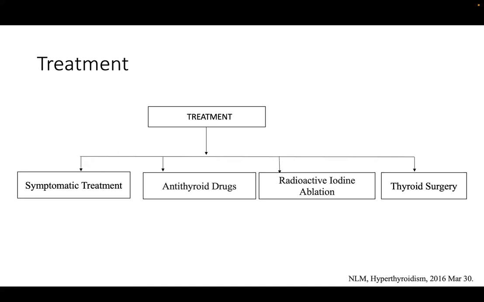Did you understand the question? If the patient has significant eye signs, orbital disease, and you have achieved euthyroid status by giving them medication, would you offer them surgery or radioiodine?